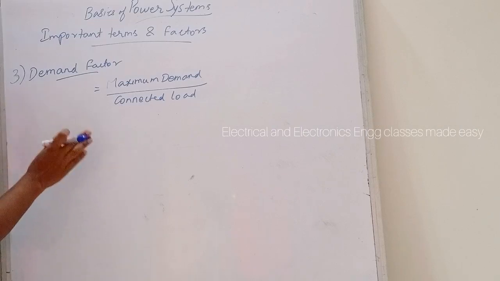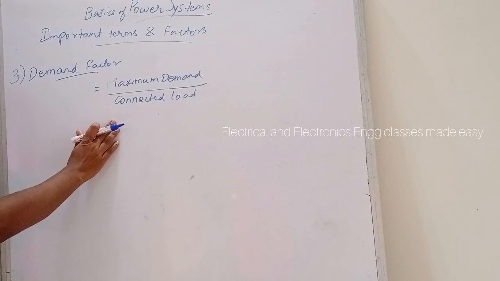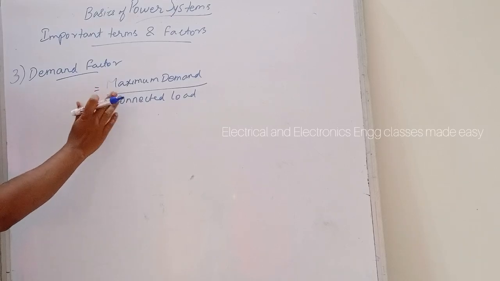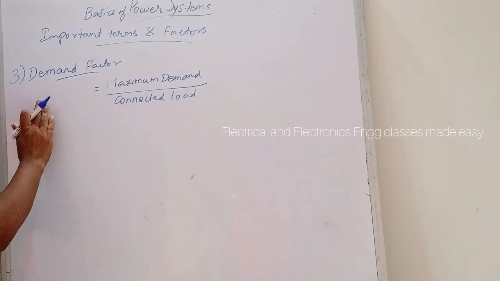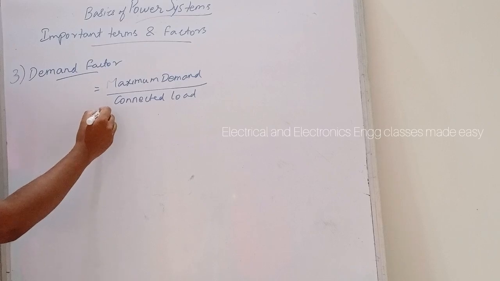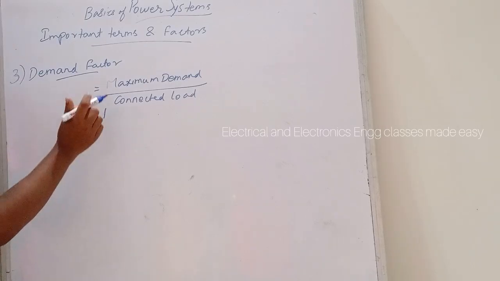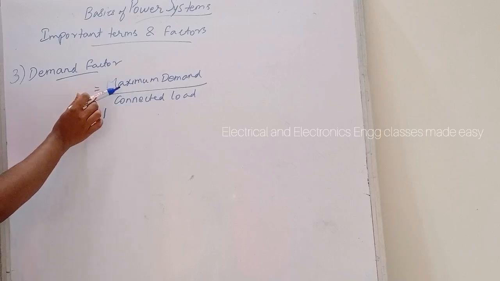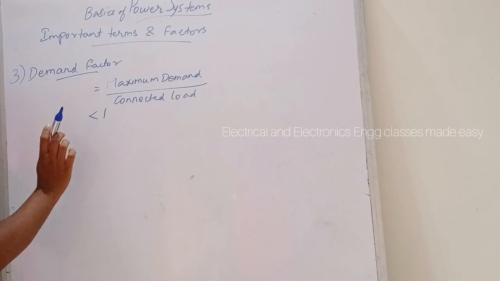Next is demand factor. It is the ratio of maximum demand on the power station to its connected load, and the value of the demand factor is usually less than 1. It is expected because the maximum demand on the power station is generally less than the connected load.